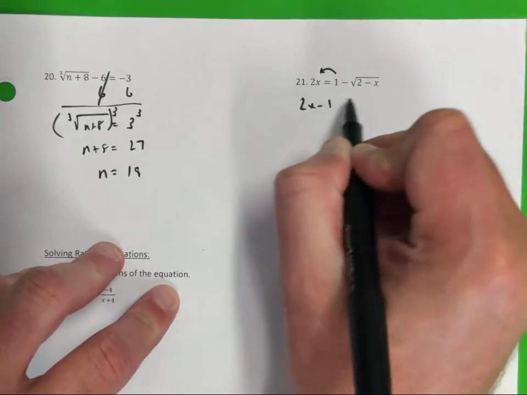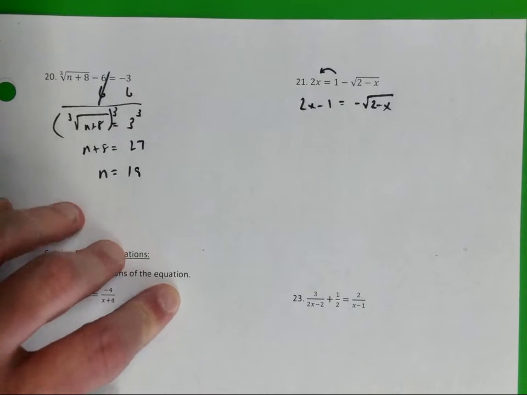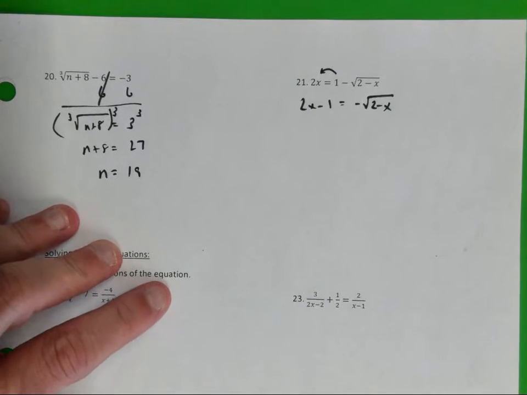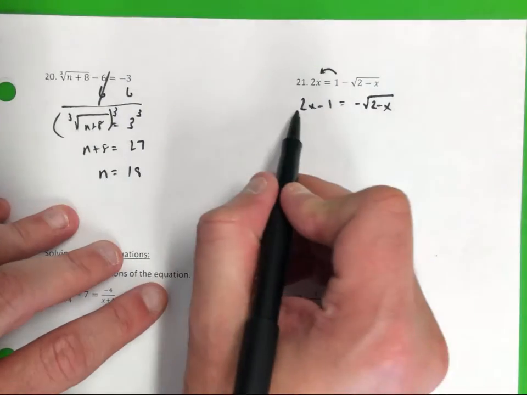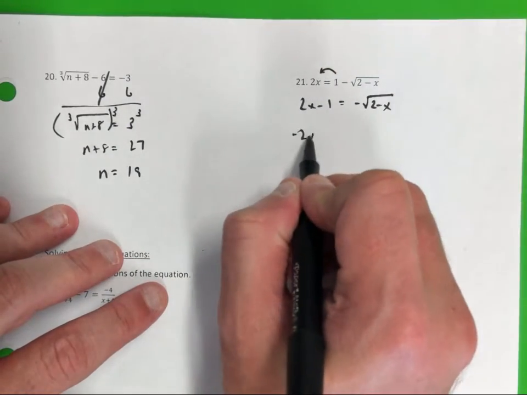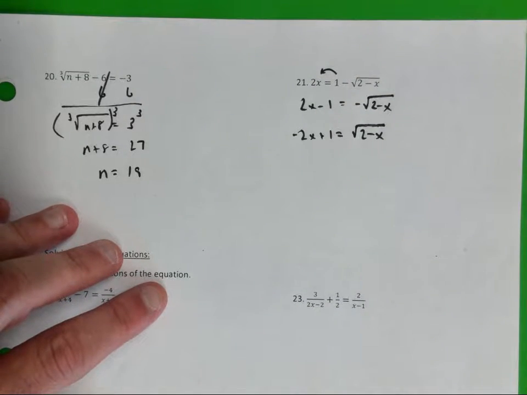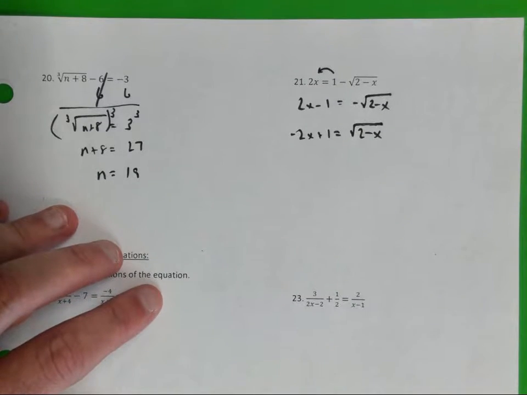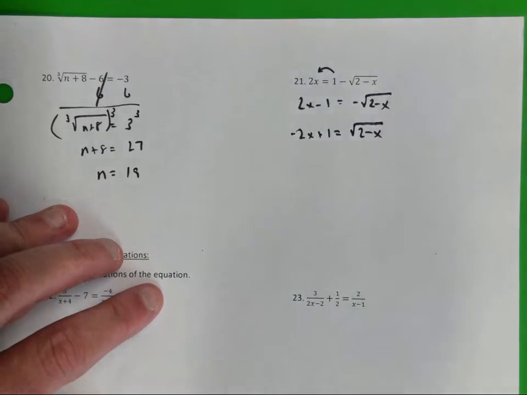So 2x minus 1 equals negative square root of 2 minus x. Now, do I like that negative in front of that radical? Is that pretty? No, so I can get rid of it by dividing both sides by what? When I divide both sides by negative 1, what happens to everything on this side? And then like Colby said, you're going to square the binomial in just a second. So the radical is by itself now.